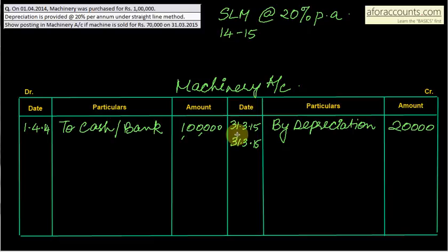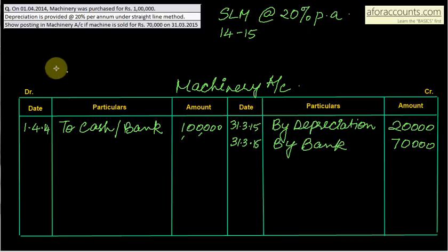So bank account debit to machinery by bank. How much? 70,000. Whenever there is a sale, the first thing is depreciation: give the depreciation until it is sold, make the entry of sale, and immediately start finding profit or loss on the sale of machinery.